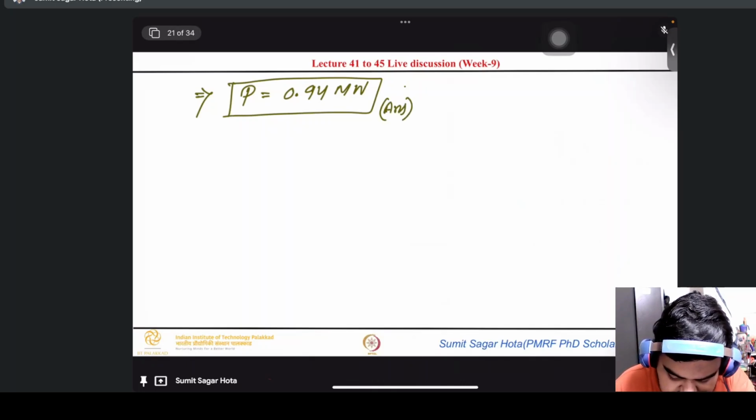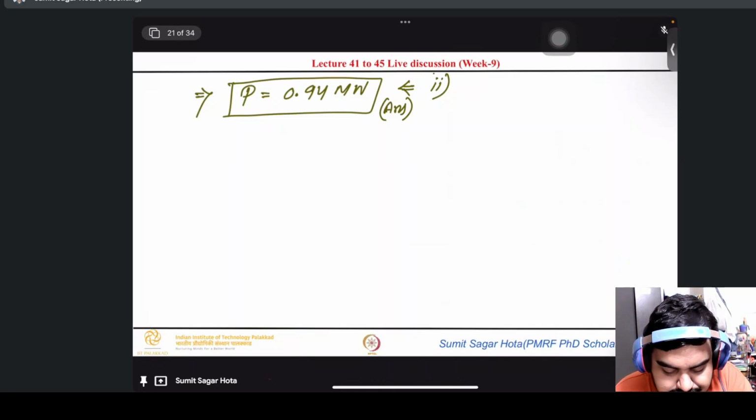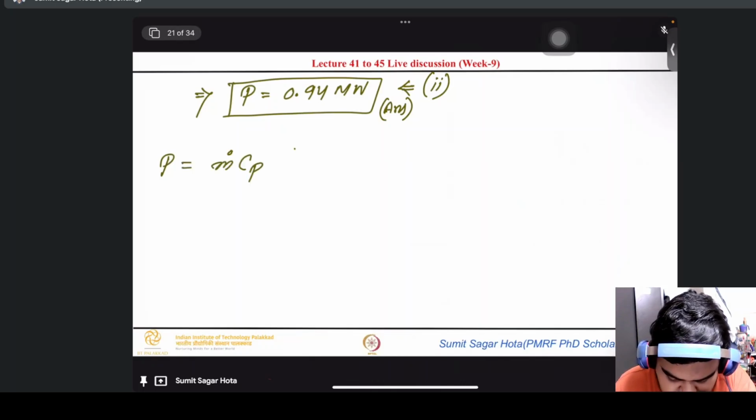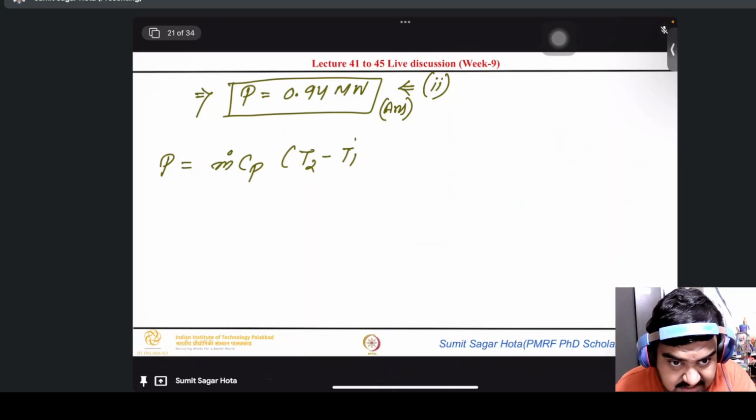Okay, for the second bit. So next, from the power we know that P equals m dot Cp delta T. So P is equal to m dot Cp into T2 minus T1. So substitute all these values and find out the value of T2.